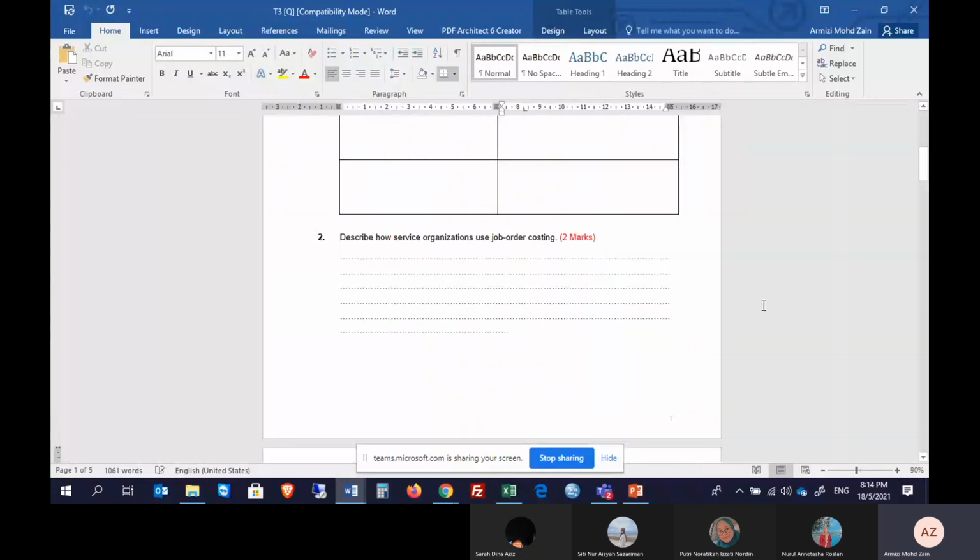The second one is to describe how service organizations use job order costing. You can give an example like phone repair. Phone repair services are for you to repair your phone if your phone is broken.